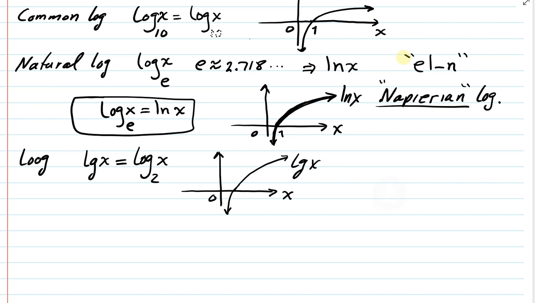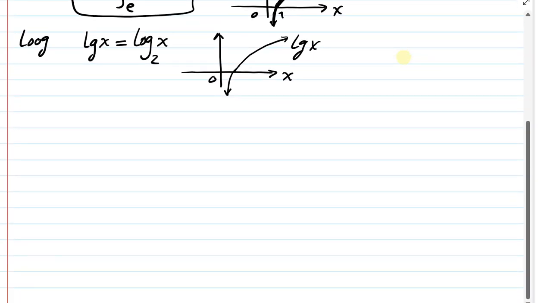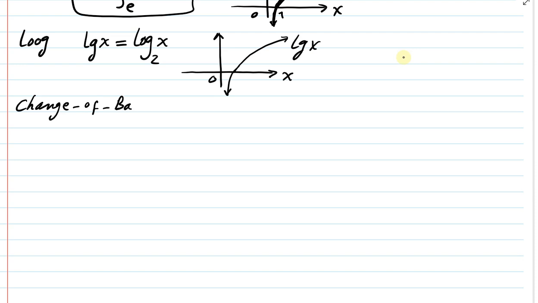So let's see, before I show some examples, let's go through our change of base formula. So we've covered everything about logs with varying bases. This is the change of base formula. Now to provide the formula for you, I'm going to start with an expression like this. This is like the derivation of the formula.